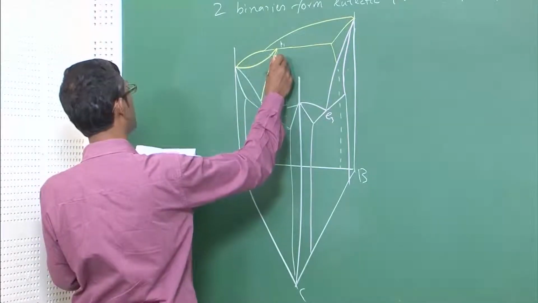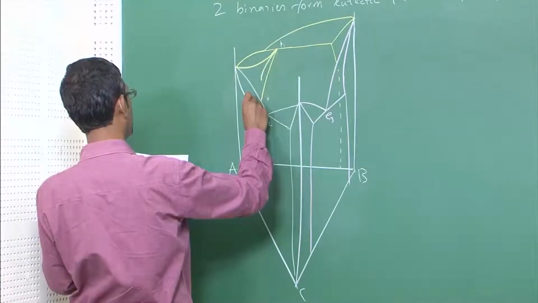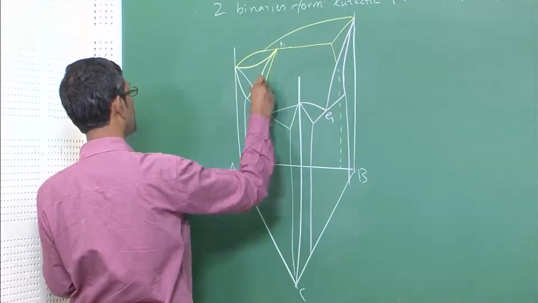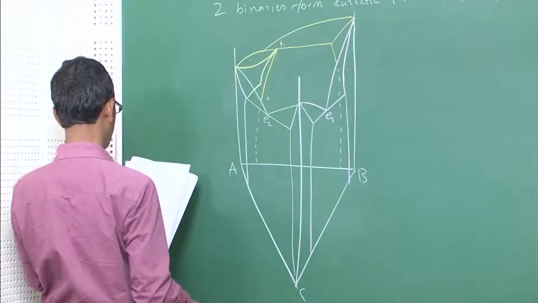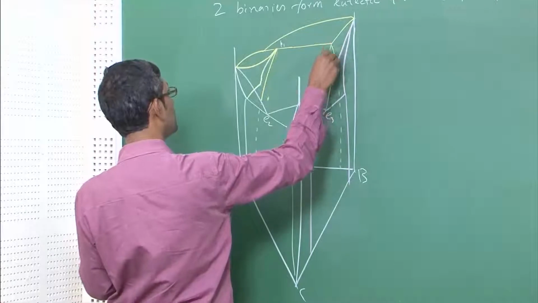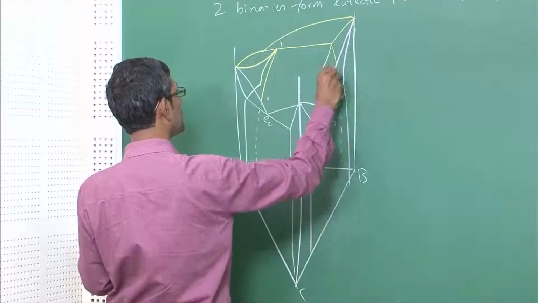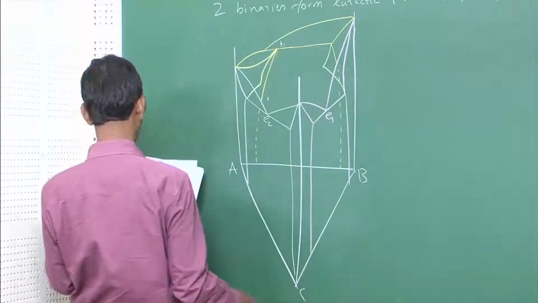So, let me see whether I can do it. This is a green color chalk, this is point 1 and this one another point.